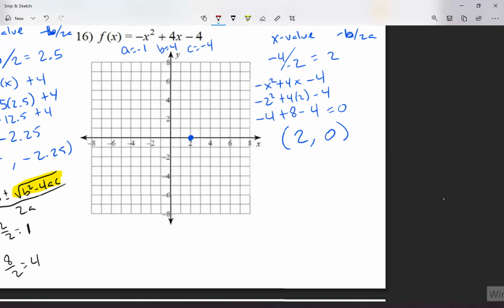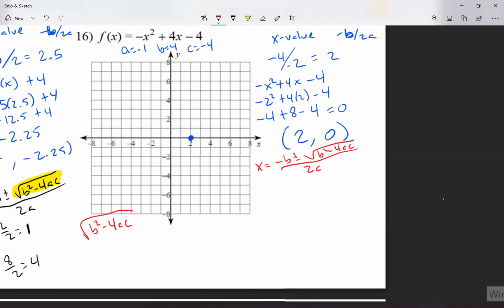If I wanted to get my zeros, my x-intercepts, I remember the quadratic formula. x is equal to negative b plus or minus the square root of b squared minus 4ac over 2a. Okay, so the first part I'm going to get is b squared minus 4ac, and then I'll do the square root on that.